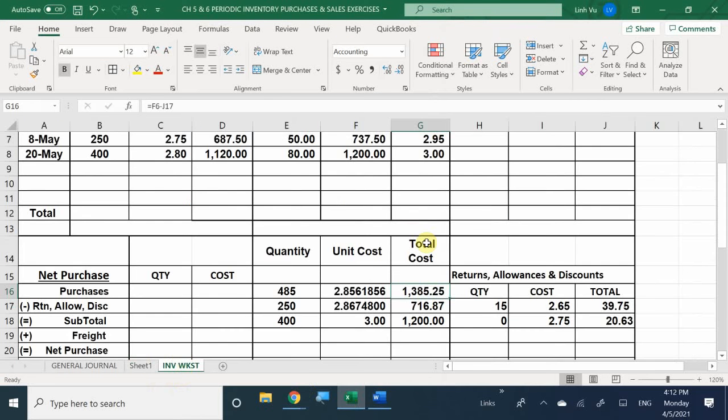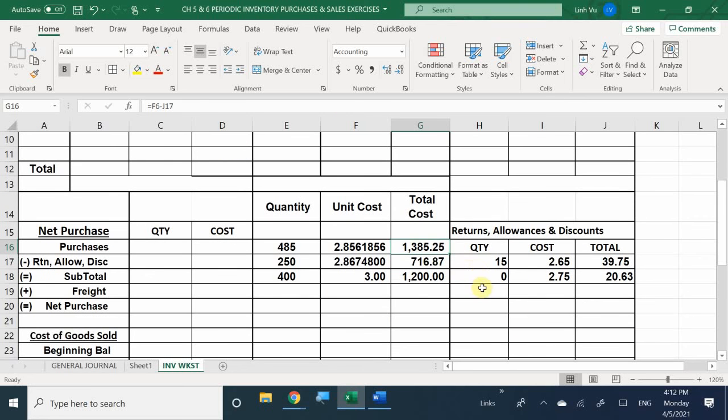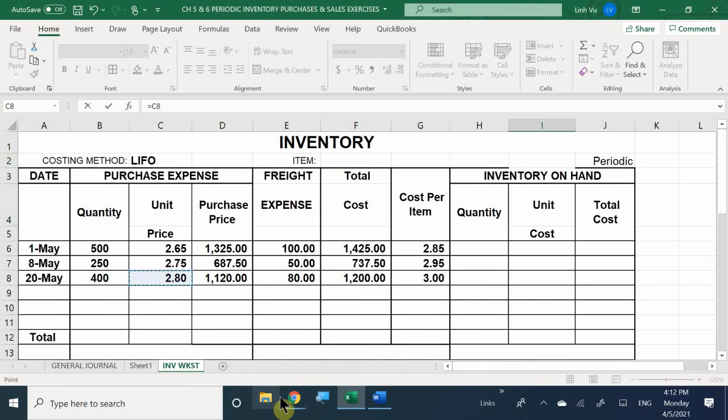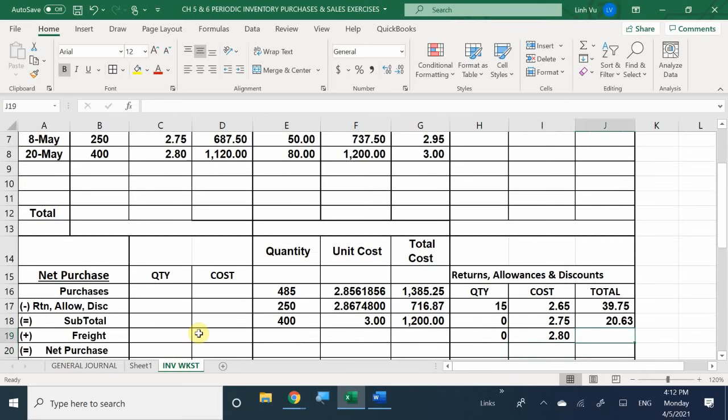So here we are. We received a discount. So discounts obviously don't affect our quantity, but how much was the actual purchase price for each individual item? What did we purchase each item for? $2.80, right?